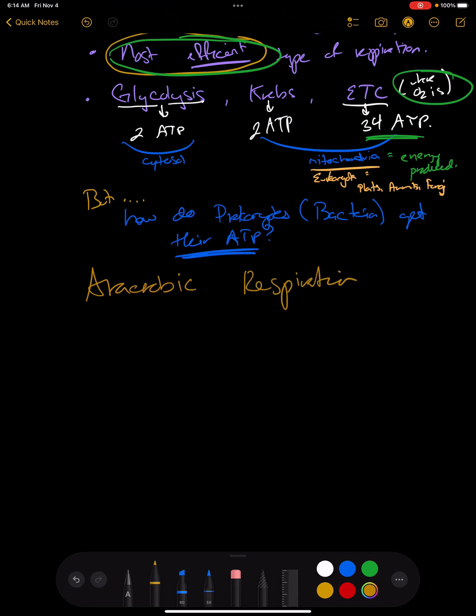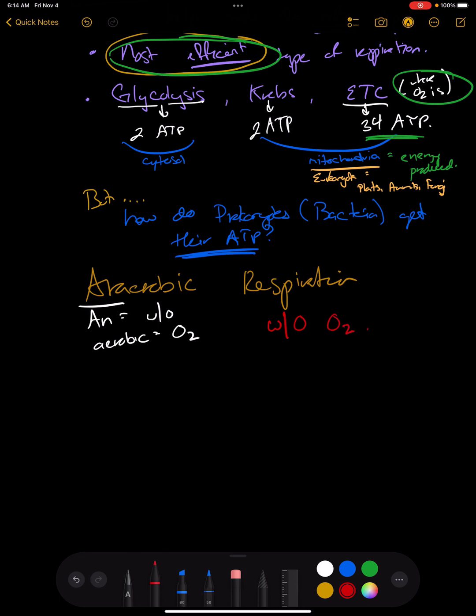Okay, anaerobic. If we do word roots, an means without, and aerobic is talking about oxygen. So anaerobic respiration is a type of respiration without oxygen.